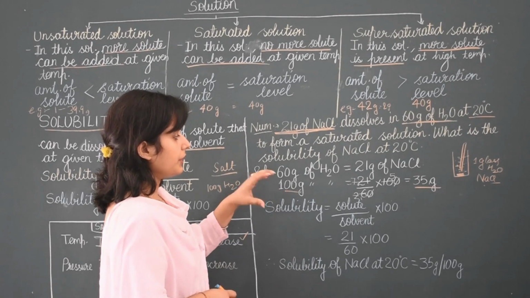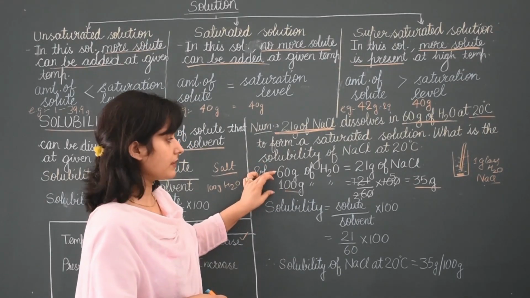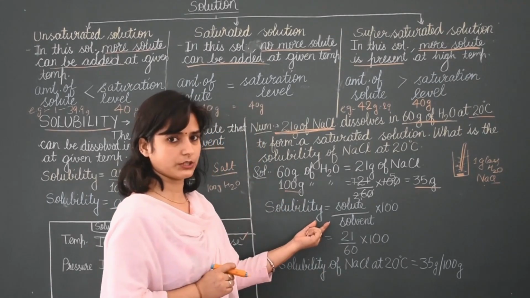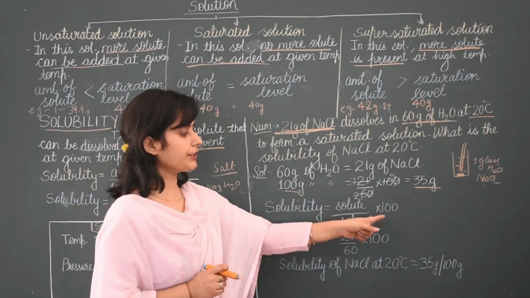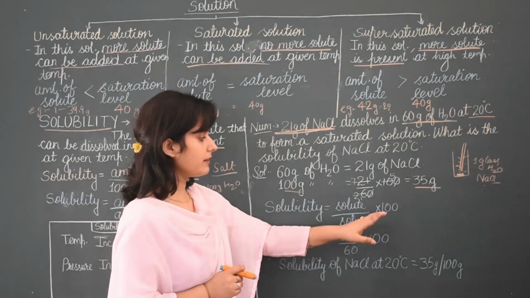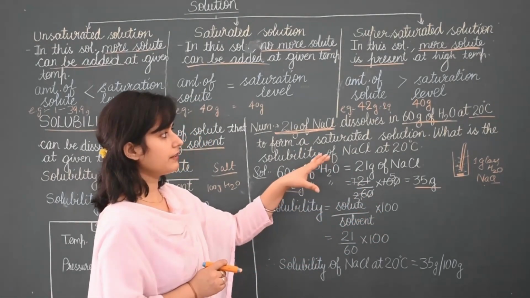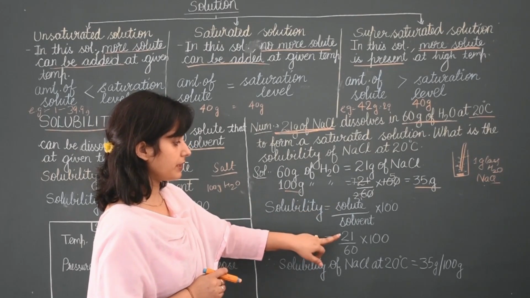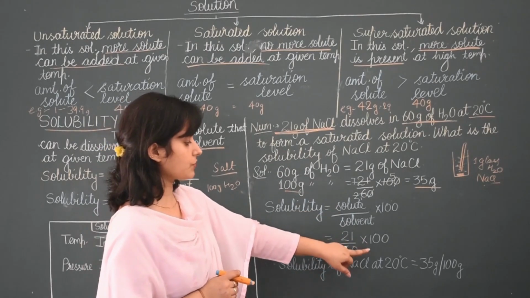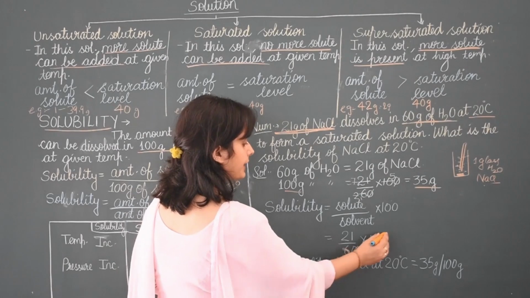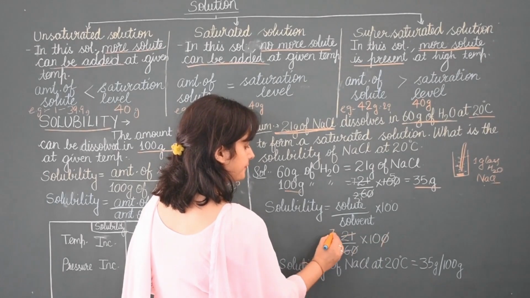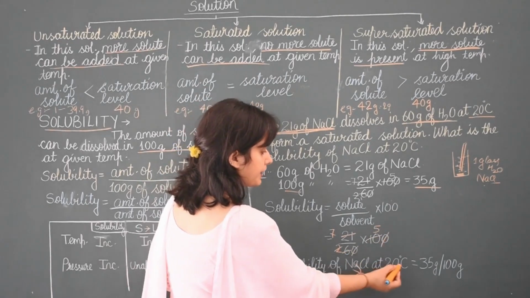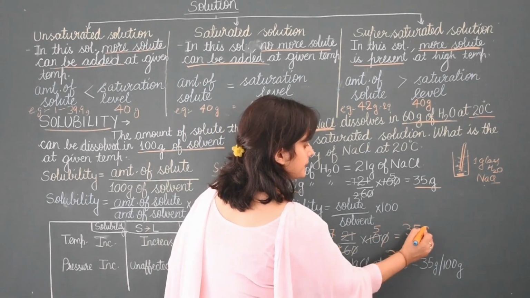Now, if you do not want to do it like this, you can apply the second formula. Solubility is equal to solute upon solvent into 100. When 100 gram of solvent is not given, then you can apply this. Solute is 21, solvent is 60, into 100, and when you calculate this, it again comes 35 gram.